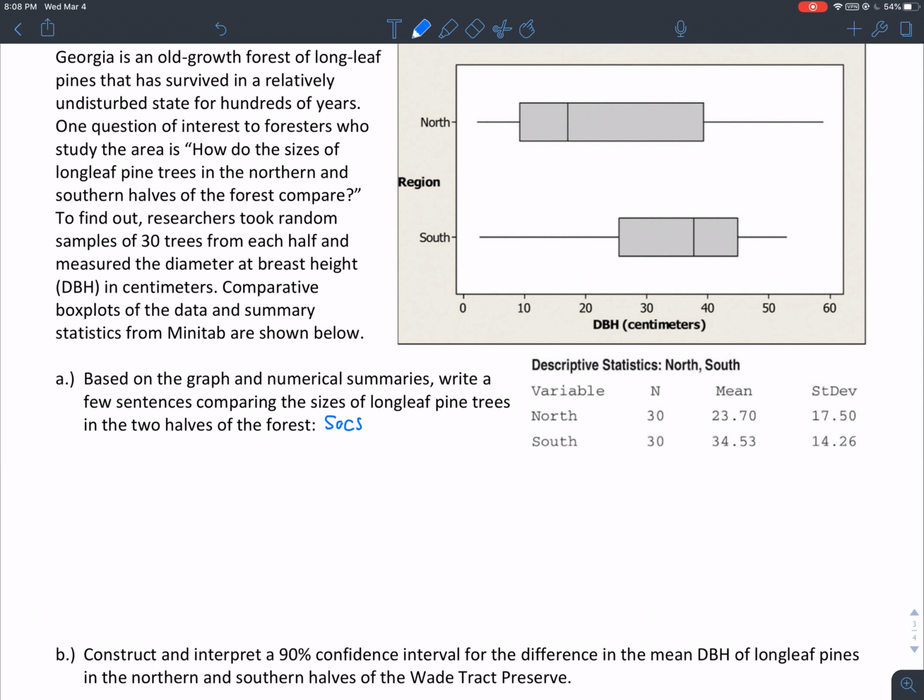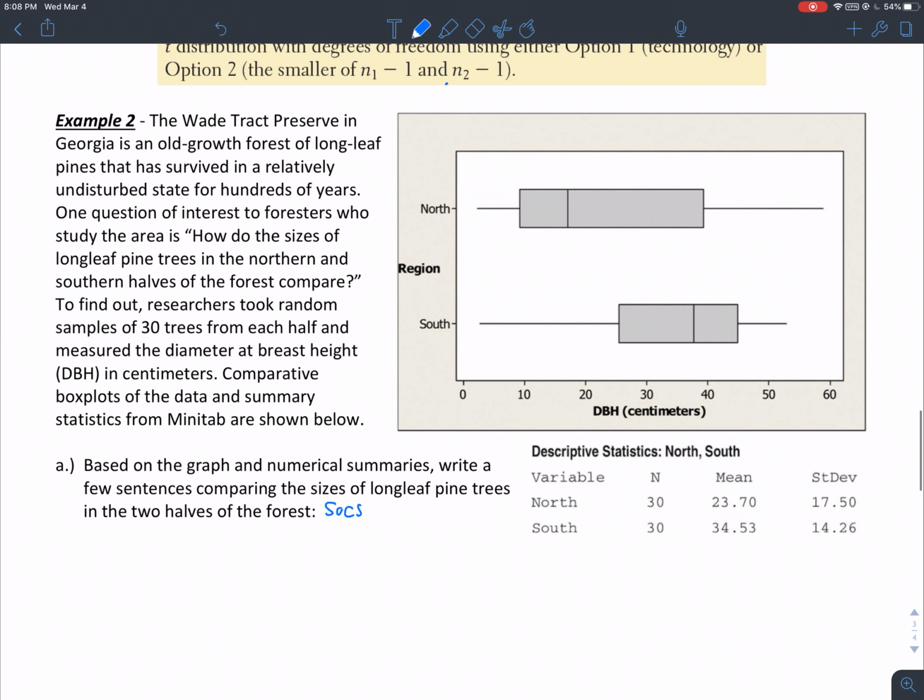Okay, so let's talk about the shape. So we say the distribution of DBH measurements.